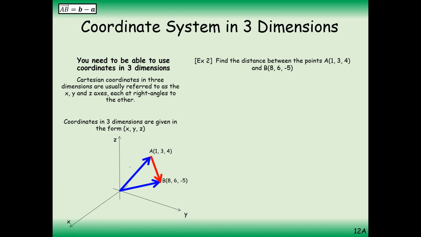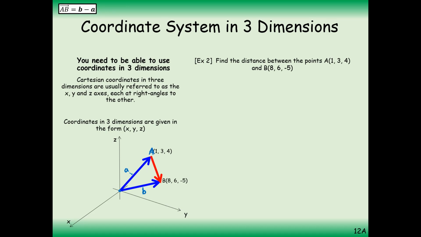If point A is here, we can represent the position vector. That means the vector that's pointing from the origin to the point A is called the position vector, by this blue arrow here that I'm labeling A. Okay, so this is A. And the position vector B is this second blue arrow.